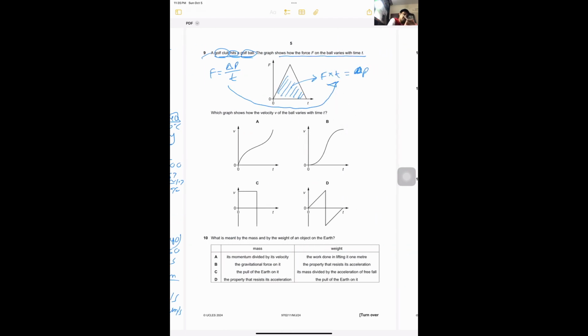And we now need velocity with time. Now we know that momentum is mv, which is equal to F into t, or we know that velocity is Ft by m. So now we need to see a few things. In this very first part, the gradient increases.